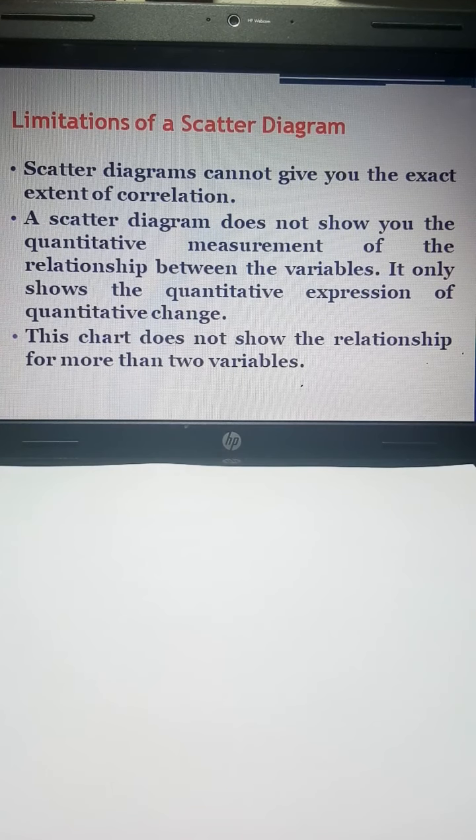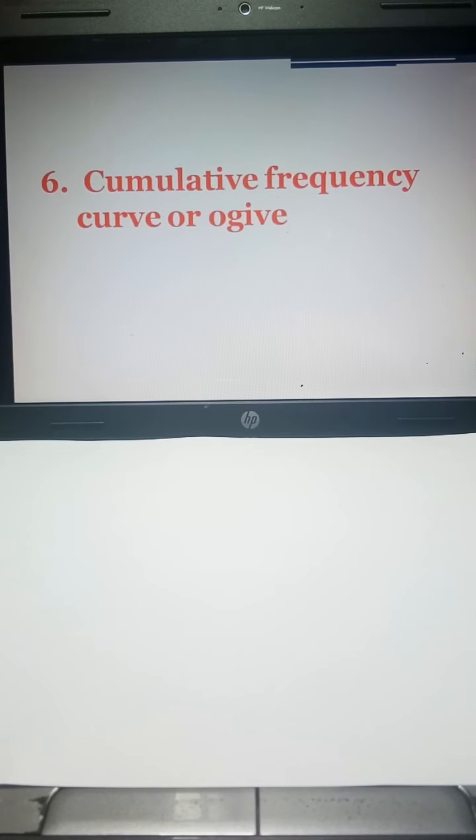The other limitation is that it doesn't show a quantitative measurement of the relationship. It only gives a qualitative expression. And the chart doesn't show the relationship between more than two variables.